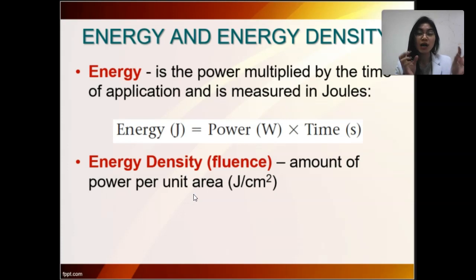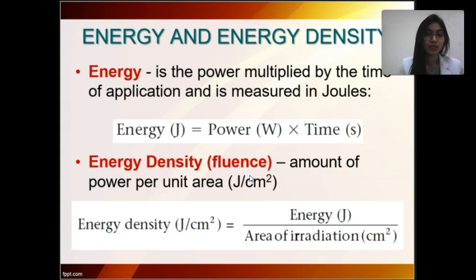So, si power density at energy density, magkaiba sila. Therefore, in your energy density, ito nga siya: joules, and then area of irradiation, or the area where you will be applying the laser. Joules per square centimeter.